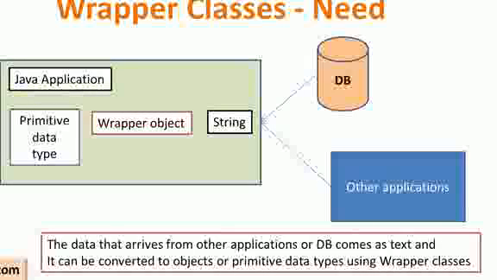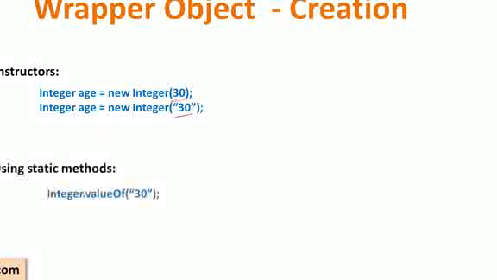Let us see the process of creating wrapper objects. Basically it is straightforward. Using the new operator, you can pass an integer value or a string to this constructor, and you get an Integer object. The other way is to use its static valueOf method, which accepts a string and returns an Integer object.